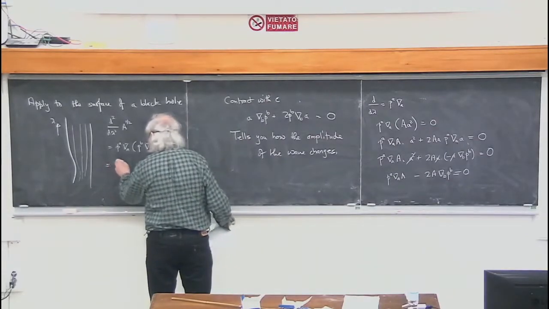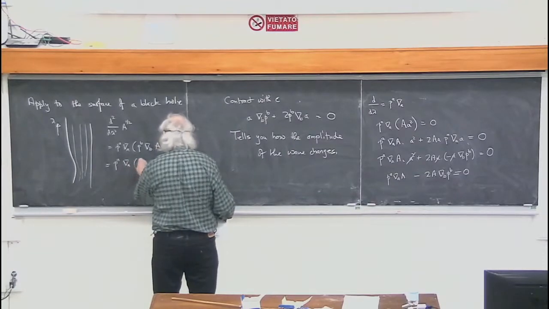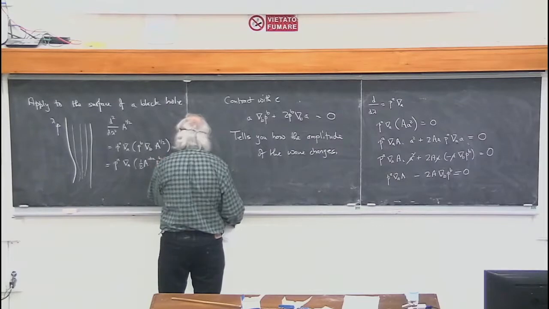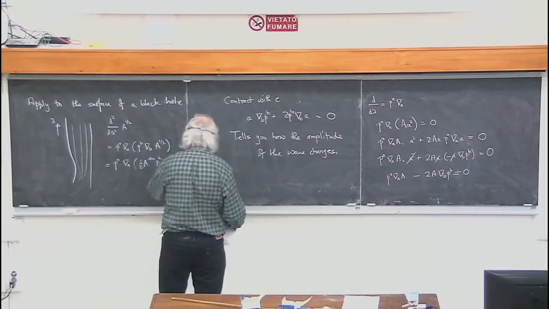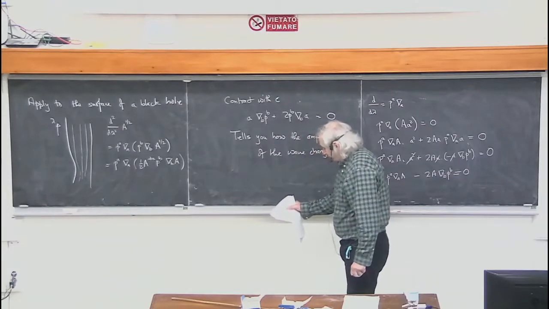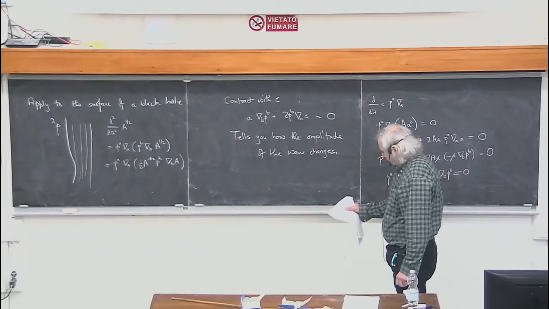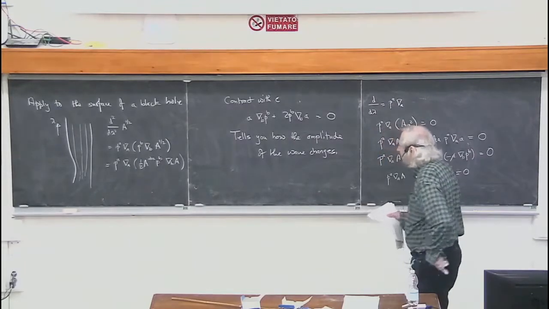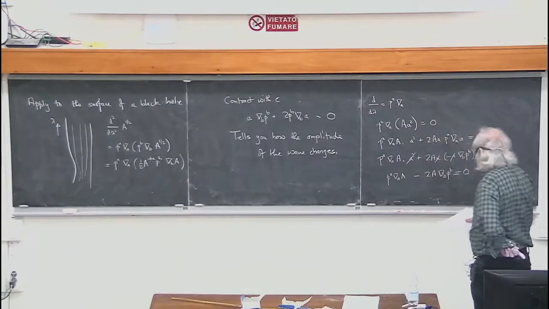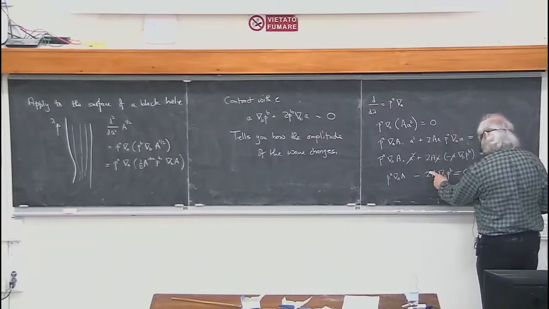This is P^A del_A of a half A to the minus a half P^B del_B of A. This too is wrong.